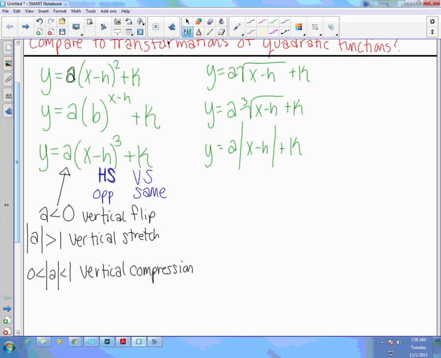Really quick. A less than 0 is a vertical flip. Absolute value of a greater than 1 is a vertical stretch. A being between 0 and 1 is a vertical compression.